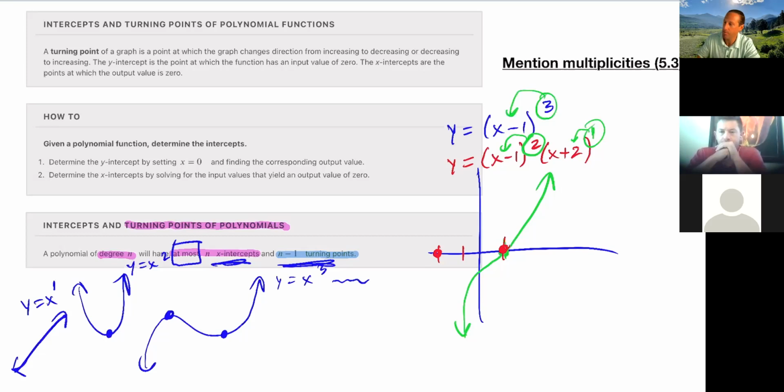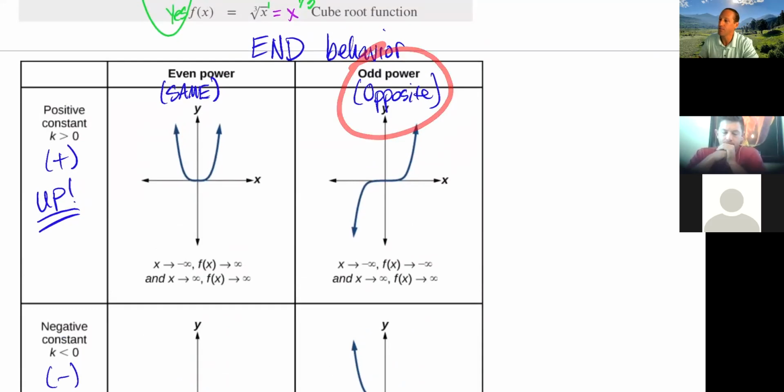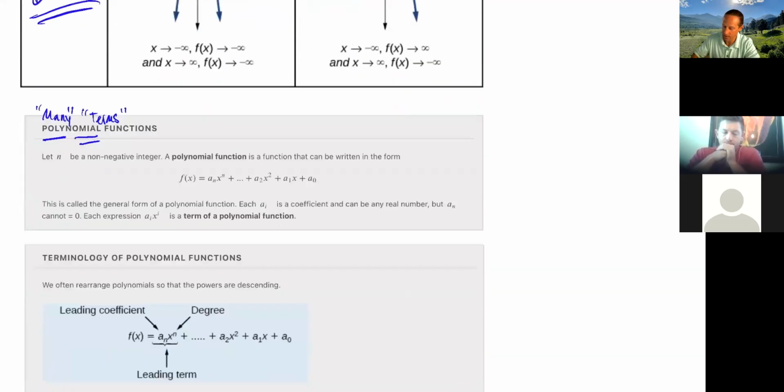And what do we say would happen at odd powers? What one word do we associate with odd? Opposite. Opposite. And with even powers, we said what? Same. Well, guess what, guys?